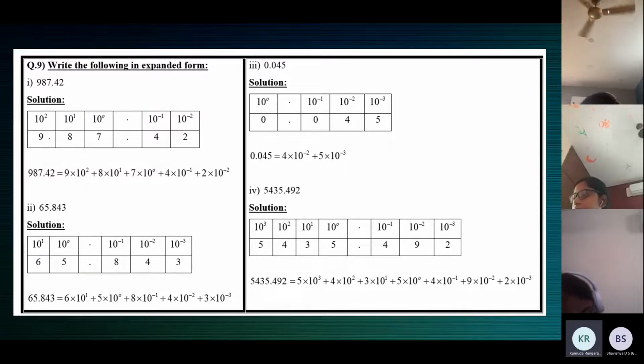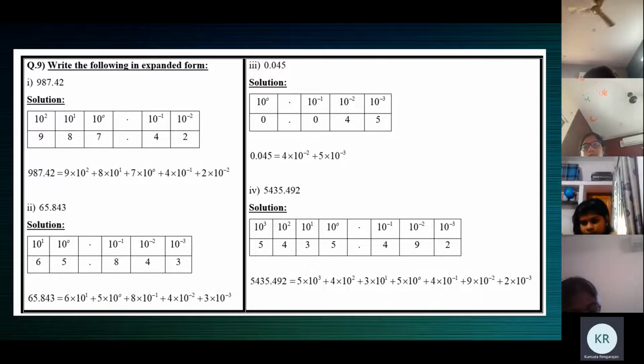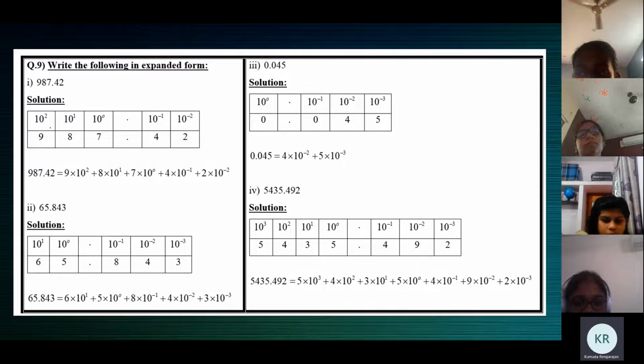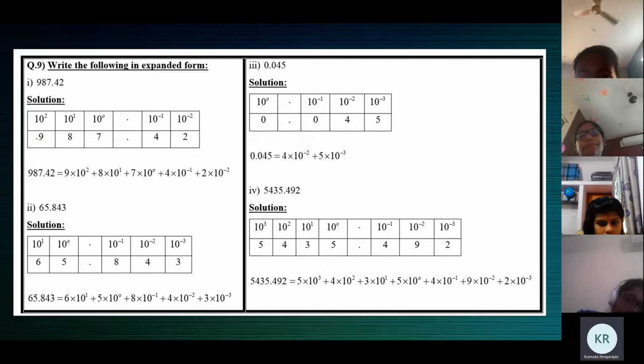So how do we write it in the expanded form? Children, please listen. Multiply every digit with its respective place value. 9 is the digit, the first digit you see. Its place value is 10 square. Multiply 9 into 10 square.